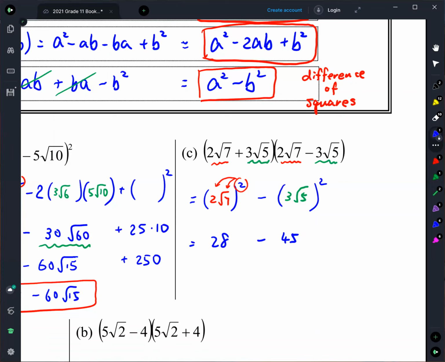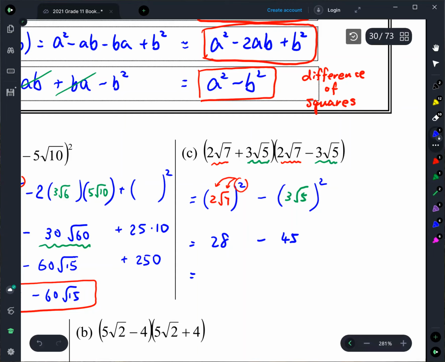You don't need to write down 9 times 5 if it's not a big number. If it's a big number like 16 times 18, then maybe you write it down first. Okay, 28 minus 45, what's that equal? Wilson, what's 28 minus 45? Is it like negative something? Yeah, it will be negative. Let me see. 17. Yeah, negative 17.